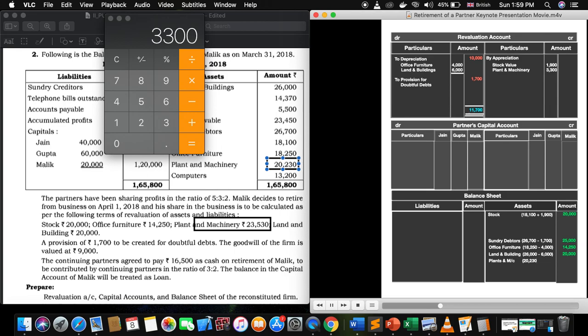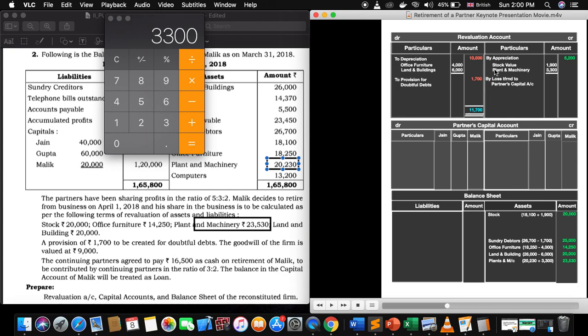We'll take the old value, that is 20,230 plus 3,300, write the new value, which is 23,530. Now, once you're done with this, there are no more additions, so you will add the totals and then you will write the total value. 1,900 plus 3,300 is 5,200. That's the appreciation.